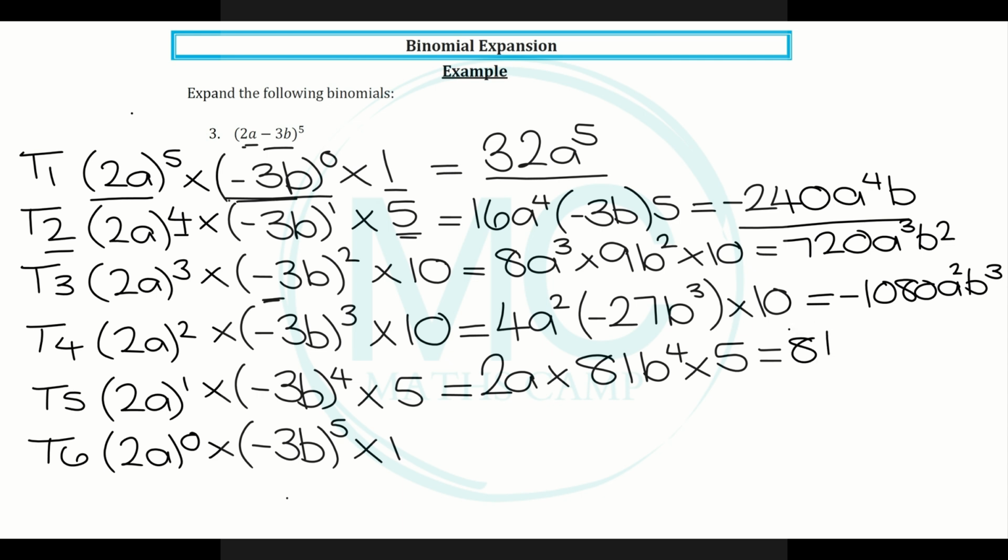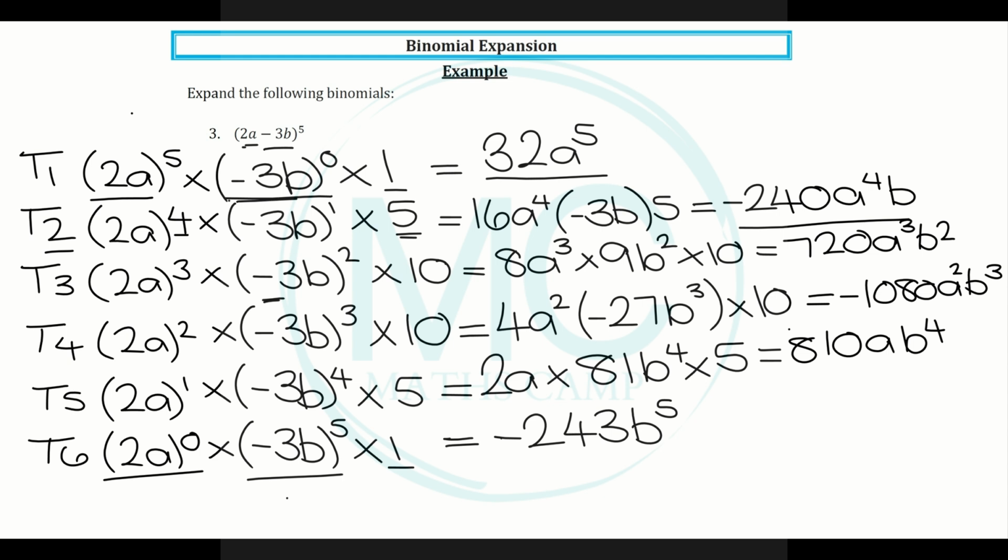So I have 810 a b with an exponent of 4. Finally, for our last term, we have 2a with an exponent of 0. So this is 1 multiplied by 1. So all we need to look at is this bracket. Negative 3 with an exponent of 5 gives me negative 243 b with an exponent of 5.